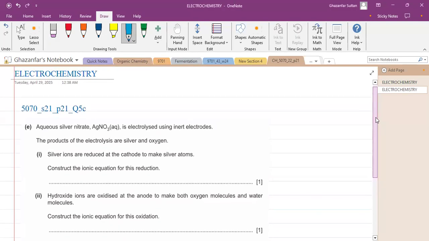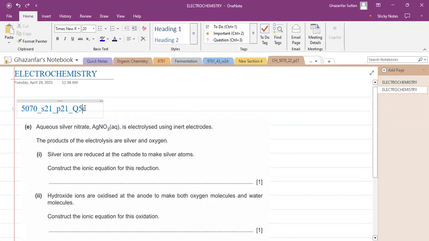This is another question in the same topic, where you are to write ionic half equations at different electrodes. This is the question from May June 21, paper 21, question number 8E.